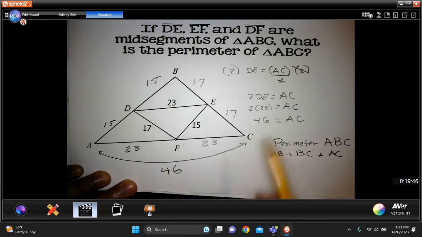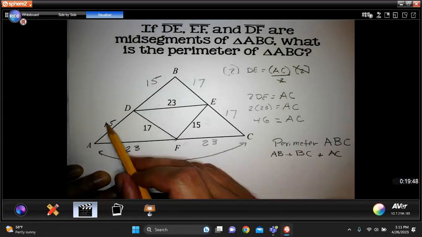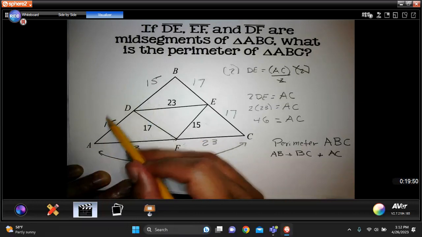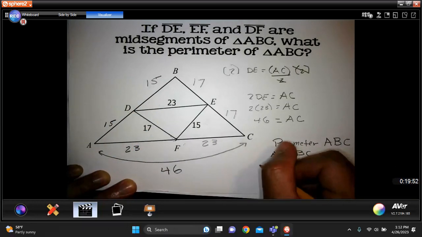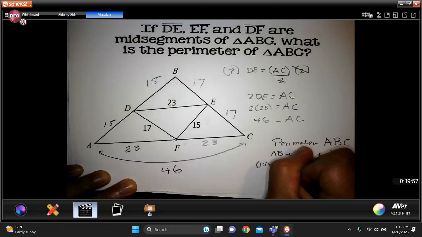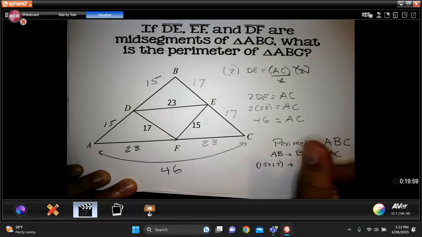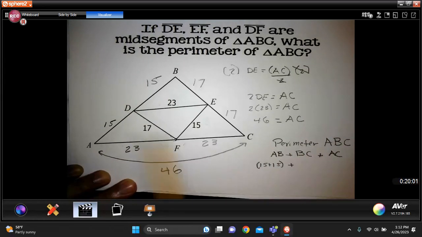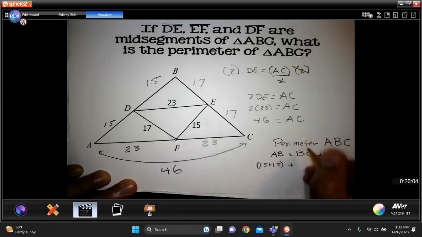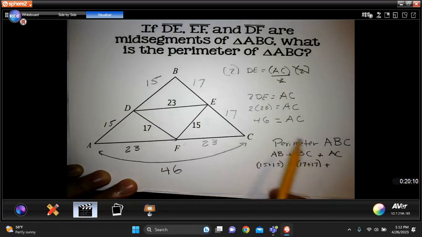So side AB is 15 plus 15. Side BC is 17 plus 17. And AC, that was the first side we found, is 23 plus 23.